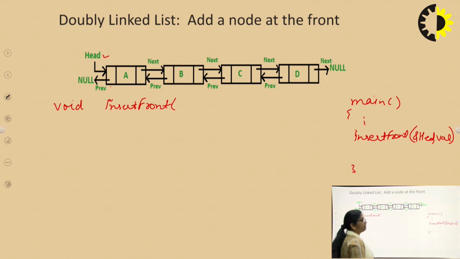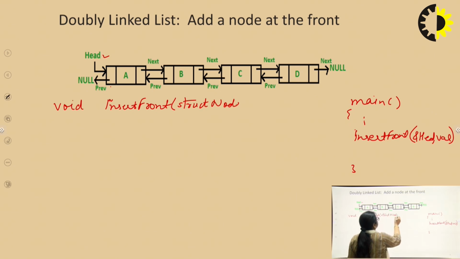So what will my arguments be? My arguments will be struct node. Head is a pointer to the first node, and I am sending the address of that. So I am sending the address of head, and I have to take the address of head here. That's why I am taking a double pointer.